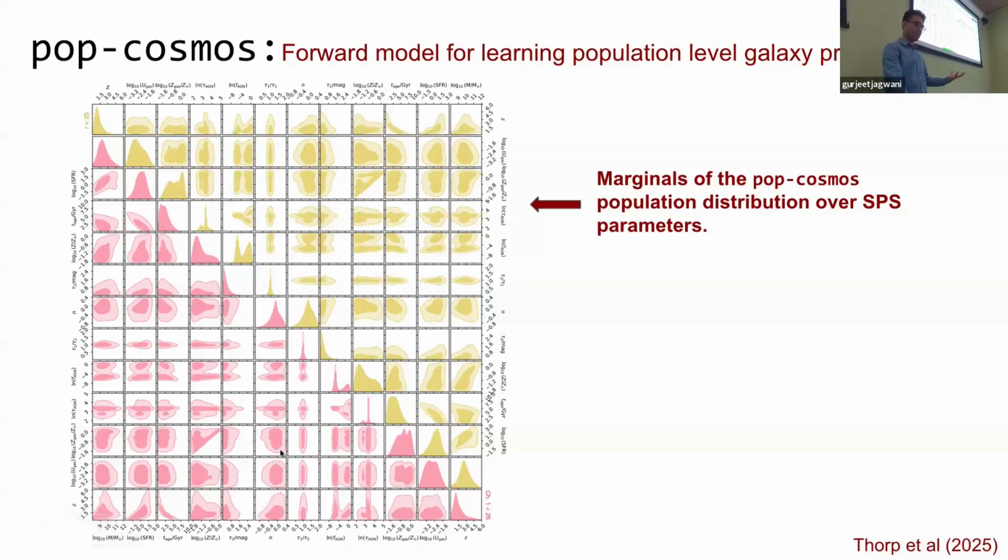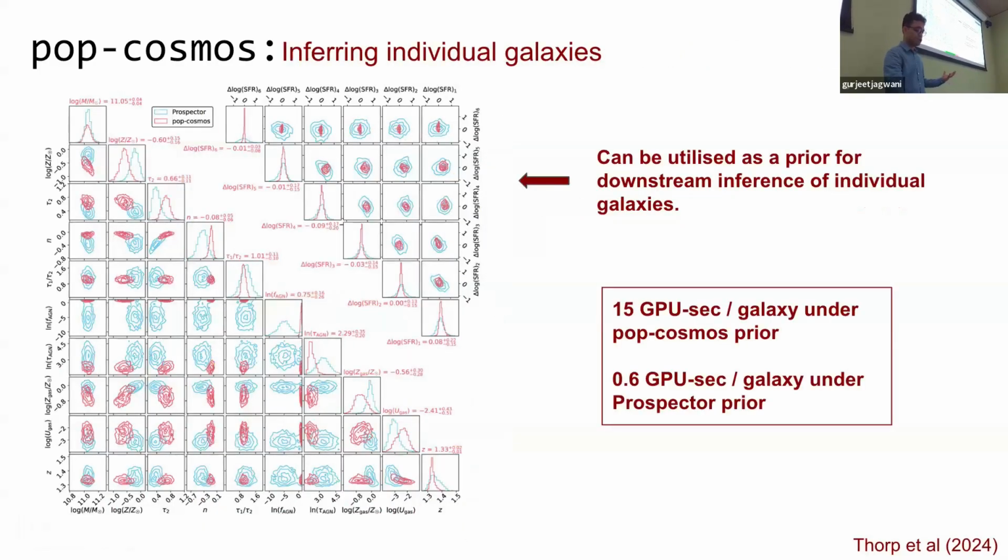What you can do with this now is use it as a prior for downstream inference of individual galaxies. So you have a population-level prior, which tells you this is what we would observe for all of these many galaxies, around 400,000 galaxies. What is the property for this particular galaxy that we want to find out?